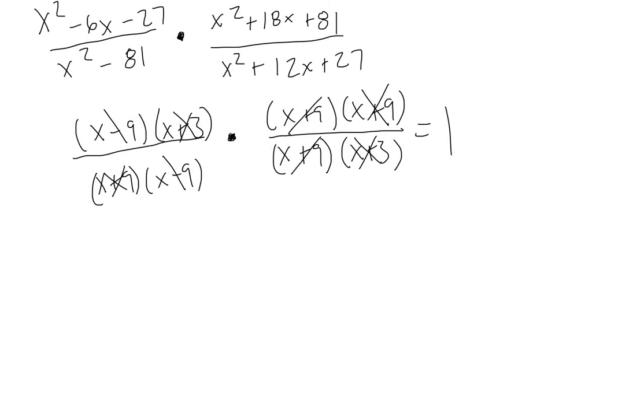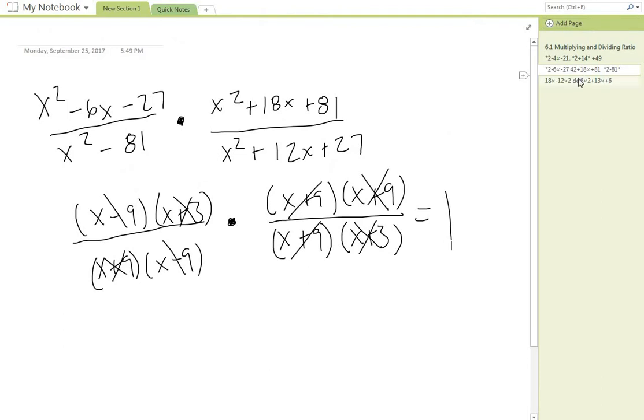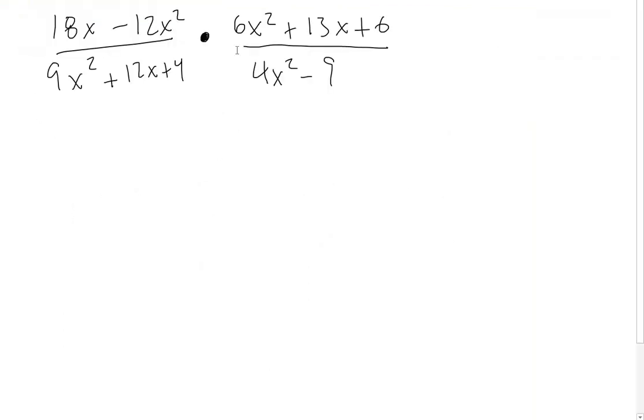But let me show you an example where maybe they don't all cancel out, and also it's not even in standard form. Say I want you to multiply (18x minus 12x squared) over (9x squared plus 12x plus 4) times (6x squared plus 13x plus 6) all over (4x squared minus 9). What you notice is everywhere except for this top left-hand numerator is in standard form.